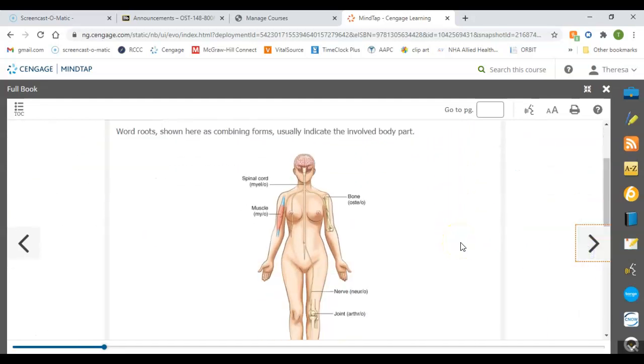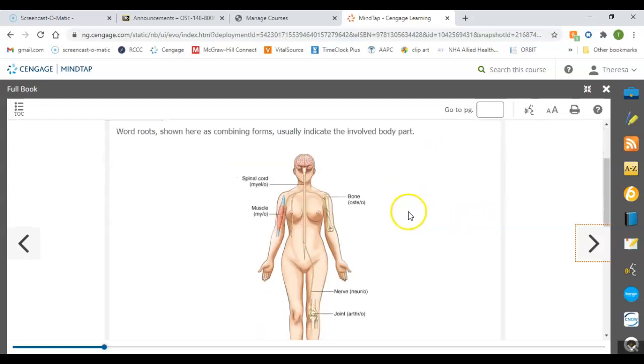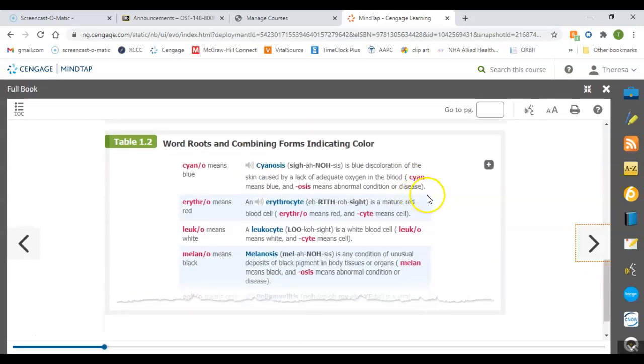So word roots, you can use these to combine with a vowel, I or O, or could be some of the others, but usually those two. And it talks about the body part usually. So it's talked about gaster. Gaster is your stomach. So that's the body part it is.